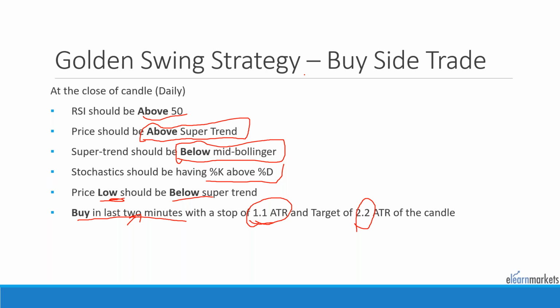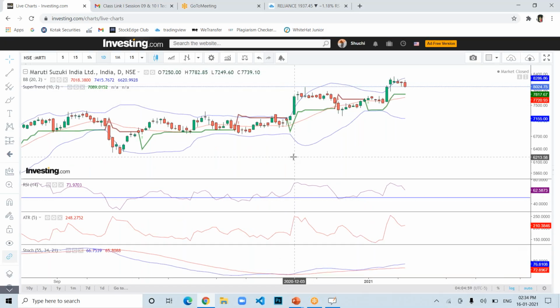Okay? Now let's look at an example. By the last 2 minutes means that we are looking at the daily chart, Abhishek. So if the candle is forming like that, what you do is simply at 3:30, just before the market is closing, you should initiate a buy.